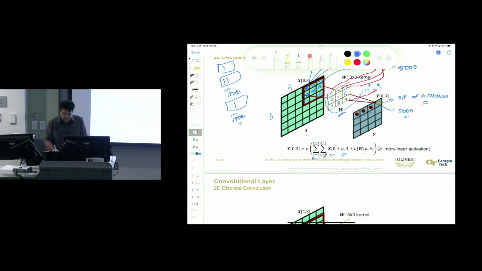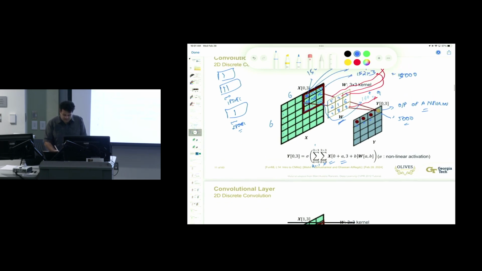The sigma and sigma are, the first sigma, a equals 0 to 3 minus 1, is across the row here, and the second sigma is across the columns. So that's basically your multiplication, x of 0 plus a. A is from this point. Let me actually erase everything here to make it more clearer.